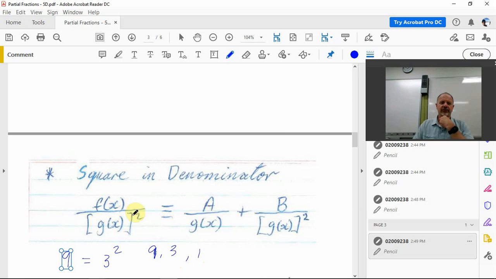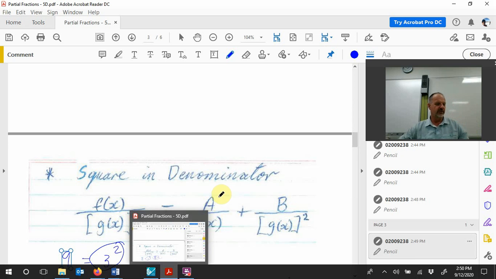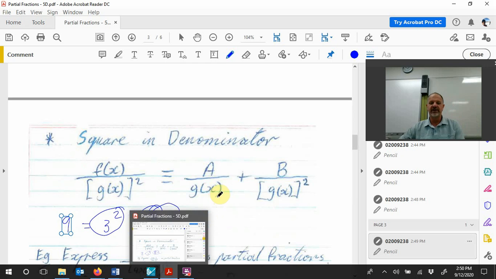What we do need to do when we split it up is take into account all of the other factors. So if you've got something squared, then over here for our partial fractions, we need that something, but we also need the something squared, because that something squared, in this case 3 squared, 9, is also a factor. We need to represent all factors.